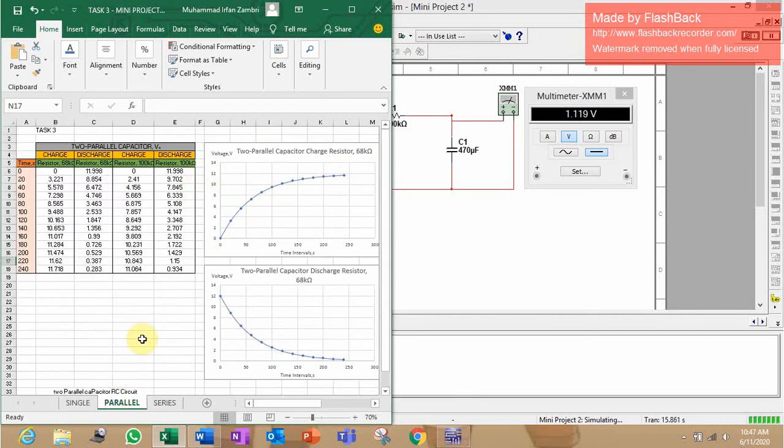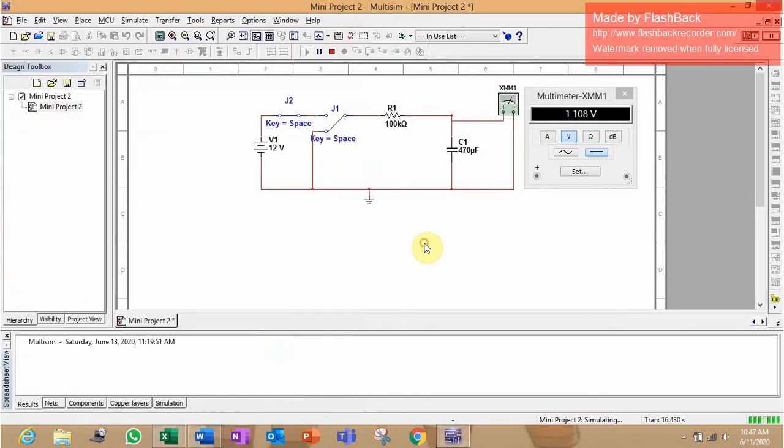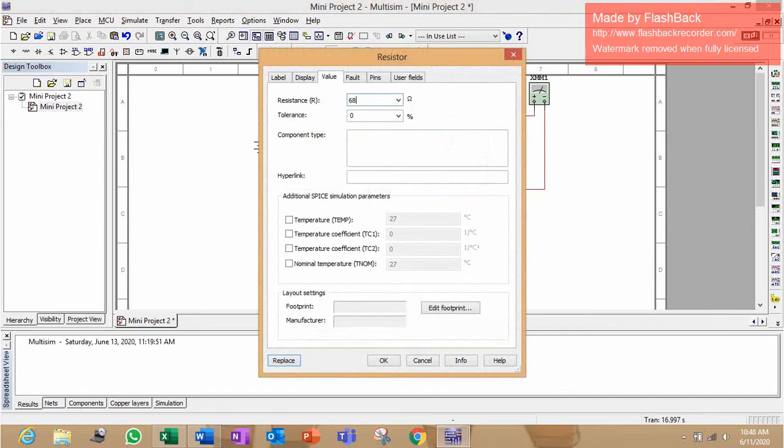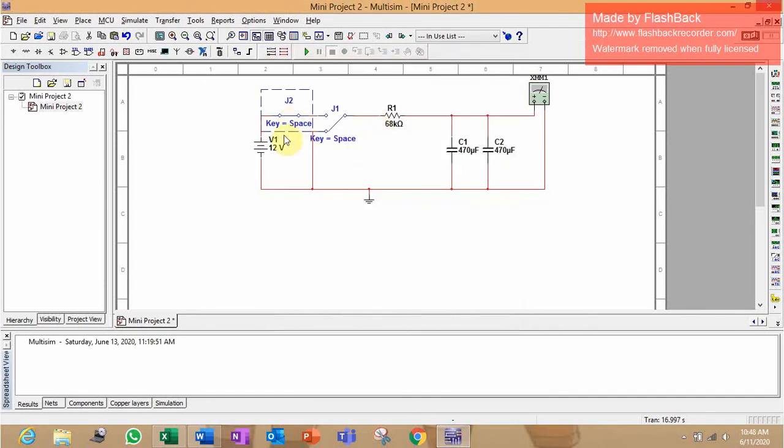Next I'm going to show the two parallel capacitor circuit. So I need two capacitors and connect them in parallel. This is the two parallel capacitor circuit.